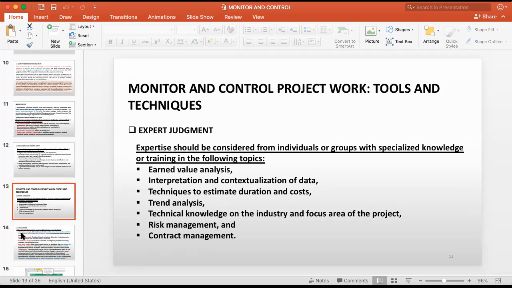You don't think of that, but contract management is very important, because if you don't have the correct contract management procedures, projects normally go overrun.